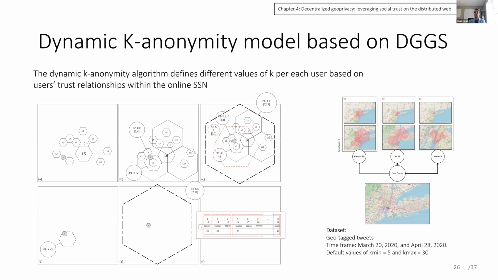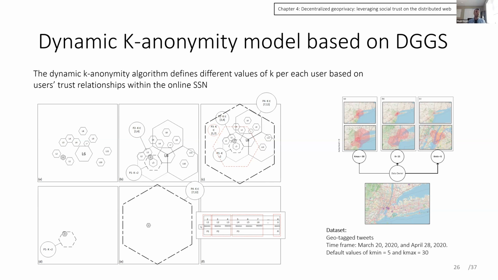The way it works is that each user has a minimum K and a maximum K. The minimum K is for the data that they share with nodes or other users that have the highest level of trust. The maximum K is the one that you share with people that you don't trust, or don't know who they are, or have a low level of trust.